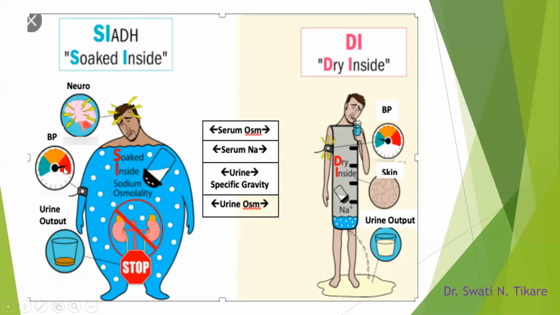Even in the brain there is pressure, so that may cause some neural symptoms also, whereas urine output is very much reduced. This is a pictorial depiction of diabetes insipidus and SIADH. This will definitely help you to remember the things a little more easily.